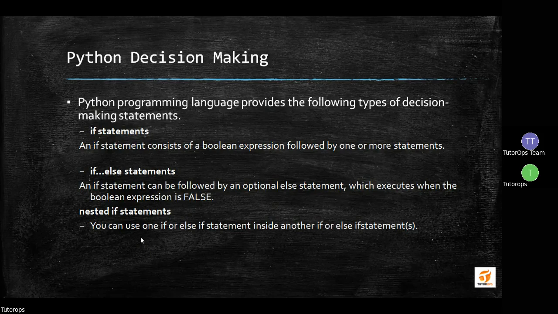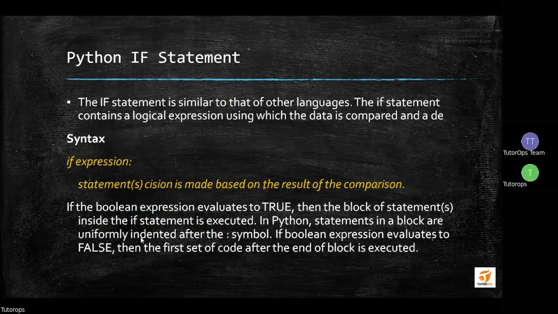If-else statements: an if statement can be followed by an optional else statement which executes when the Boolean expression is false. And nested if statements: you can use one if or else if inside another if or else if statement. We'll check this in detail. Okay.